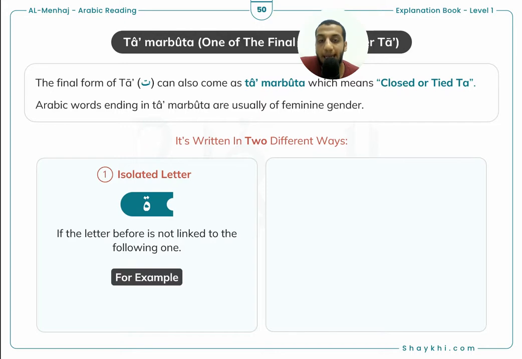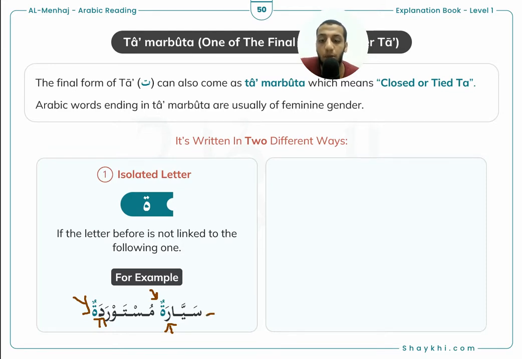Let's take an example: سيارة مستوردة. الراء, as we took before, is joined to the letter before, not the letter after. We said we have 7 letters that are joined just to the letter before them, not the letter after them. الراء here is one of these letters, and also ad-dal here is one of these letters.